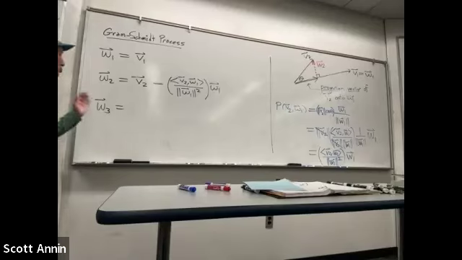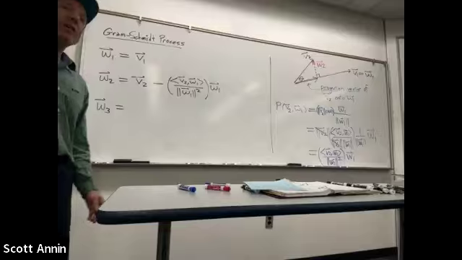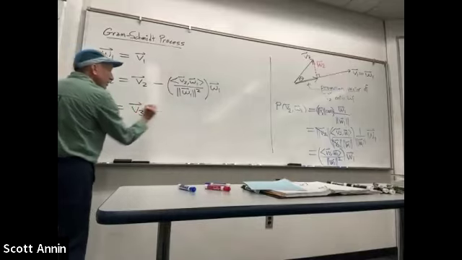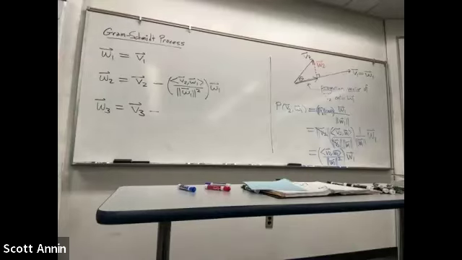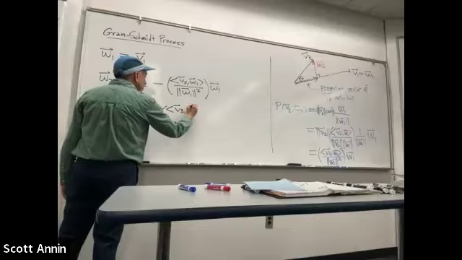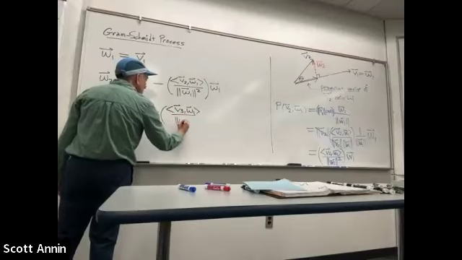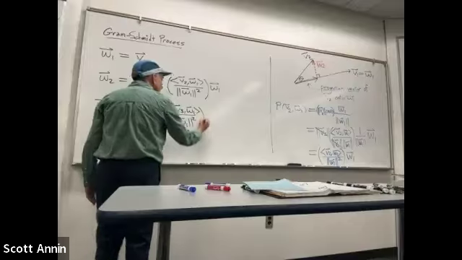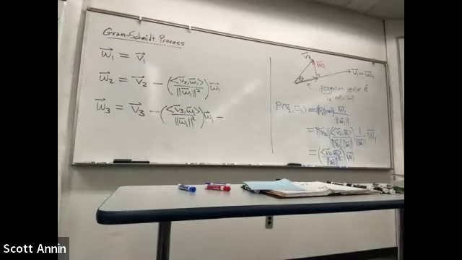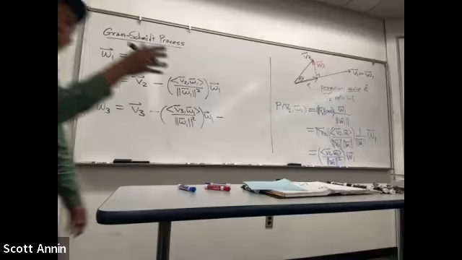And I won't do the derivation for W3, but it's the same idea. You start now with V3, and now you start subtracting off. First, you subtract off the inner product of V3 with W1 divided by the norm of W1 squared, times W1. But you have to keep going because you also have to subtract off the projection along W2.